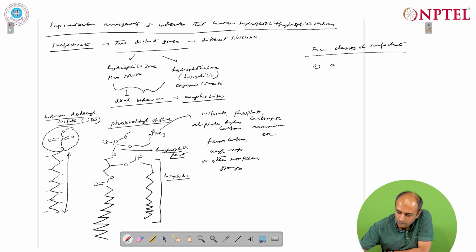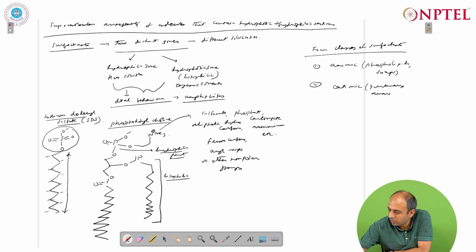Number 1, anionic surfactants like phospholipids and soaps. Number 2, cationic, that is quaternary ammonium salts.